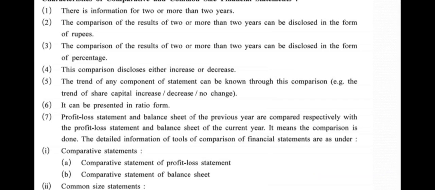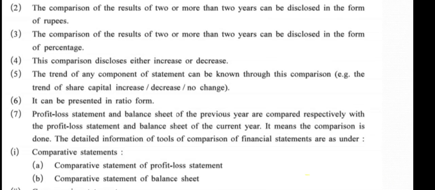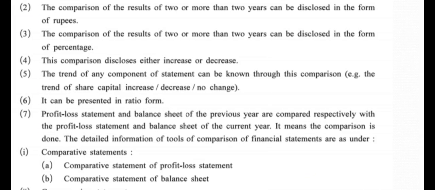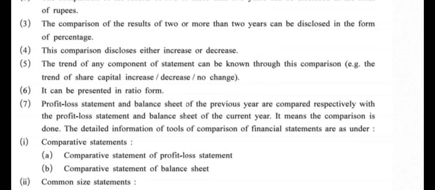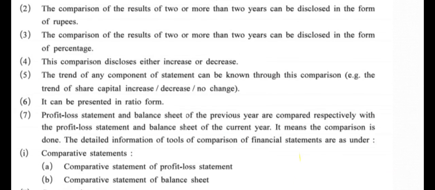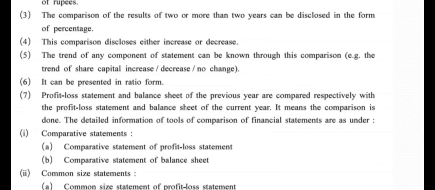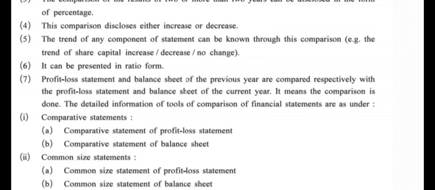And fifth one, the trend of component of statement can be known through this comparison. For example, trend of share capital, increase, decrease, or no change. We will come to know about the trend, whether there is an increasing trend in that particular component or a decreasing, or there is no change. What else? It can be presented in ratio form. So it can be presented in rupees, in form of percentage, and also in ratio form.